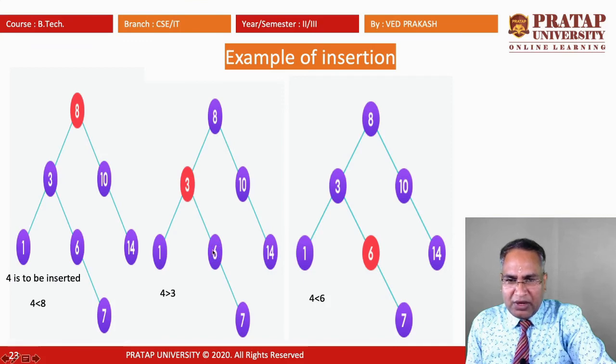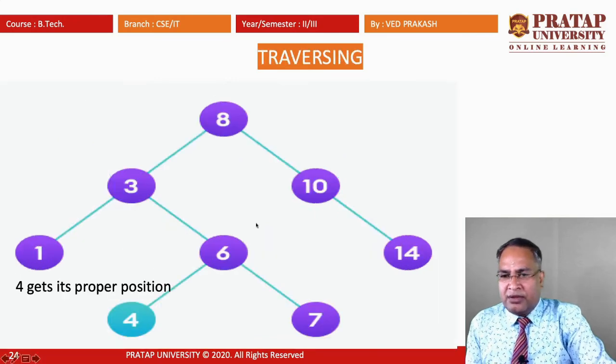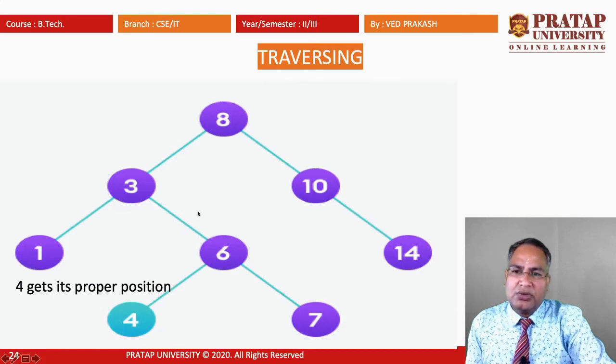Here this becomes the new root. So I move to the left hand side of this element 6, and finally element 4 gets its required position. So that is the way of inserting in a binary search tree.